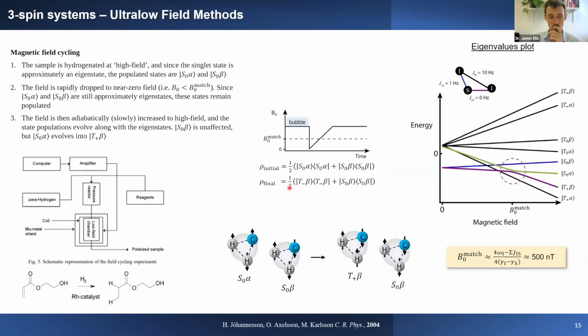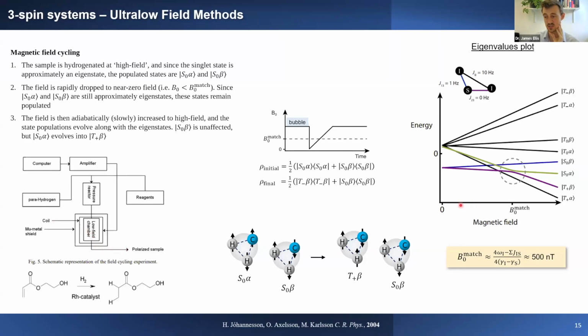Okay, so we can look at an experiment. This type of experiment was first shown back in 2004, where this molecule here was hydrogenated, so the hydrogen's incorporated, and that was done in a simple apparatus like this, by bringing the sample into this low field chamber in a magnetic shield and controlling the magnetic field with a coil.